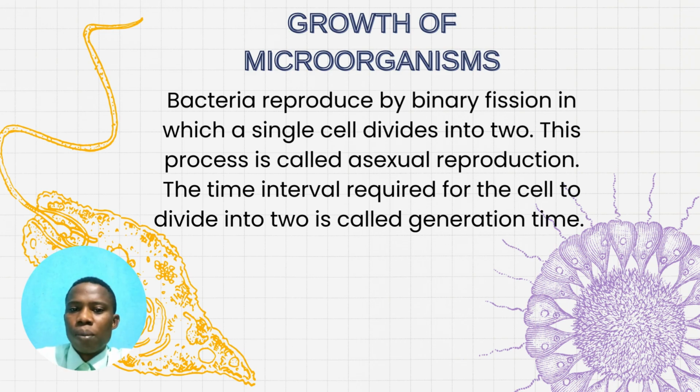Bacteria reproduce by binary fission, in which a single cell divides into two. This process is called asexual reproduction.